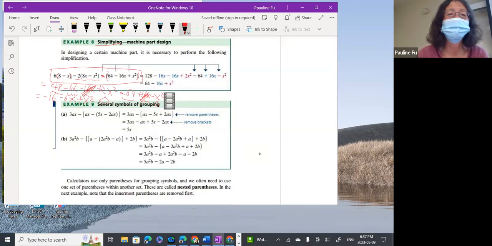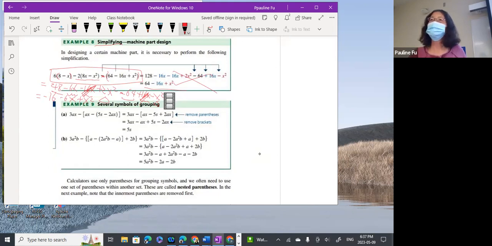So we got a different answer here. Any explanations? Oh, they have minus 16x, minus 16x, and they have plus 16x. Yeah, so this solution is actually wrong.